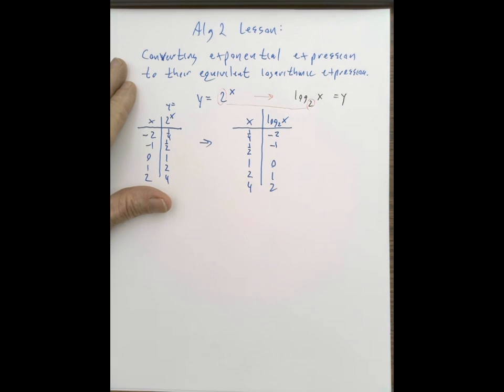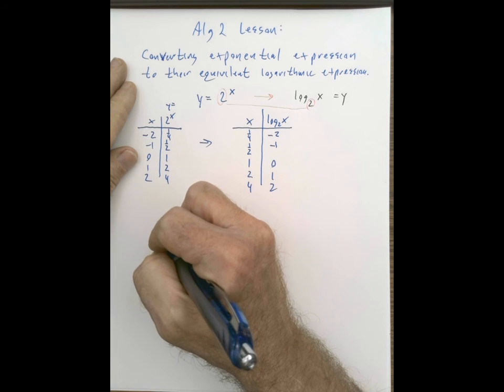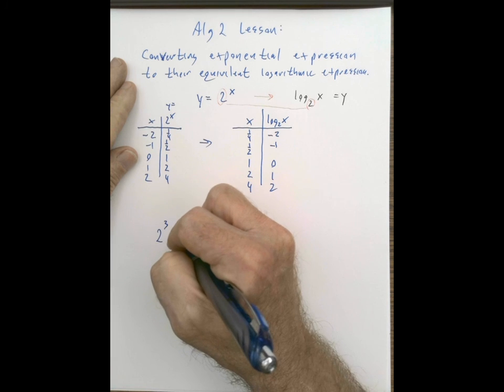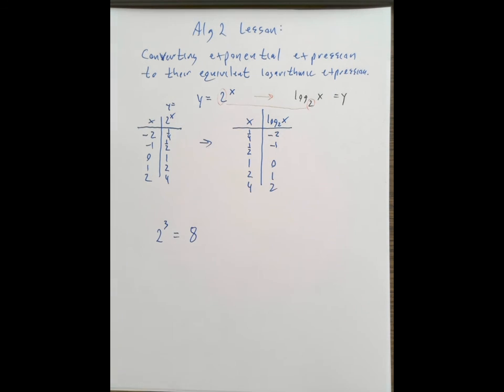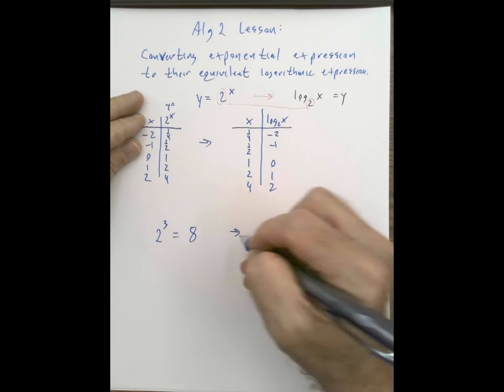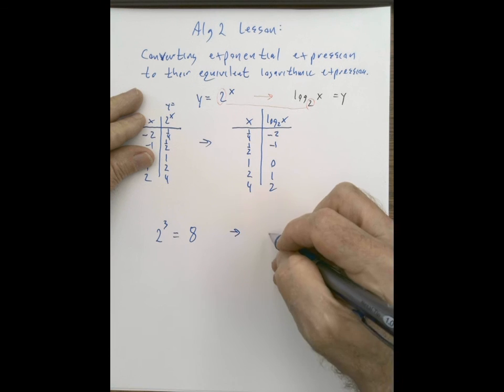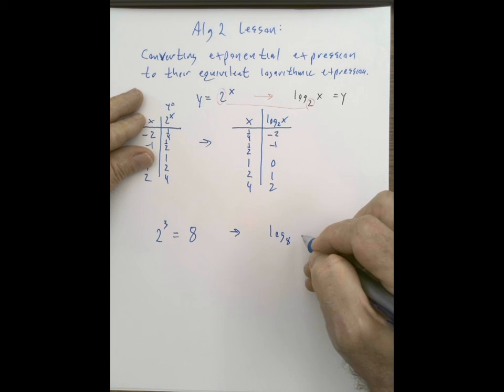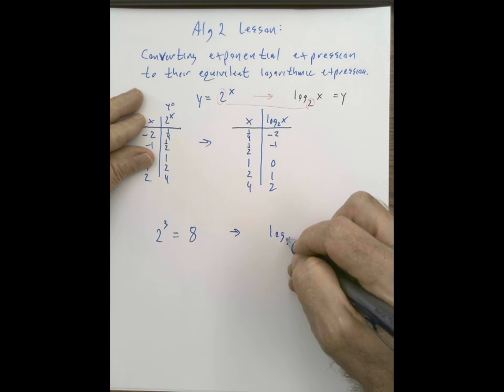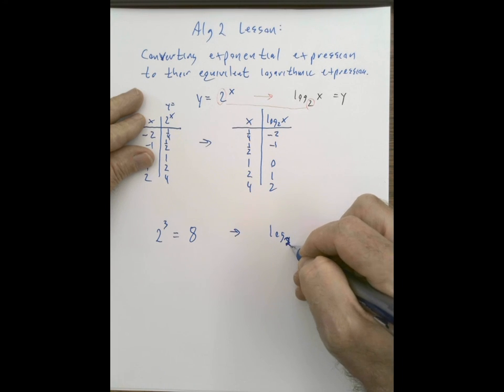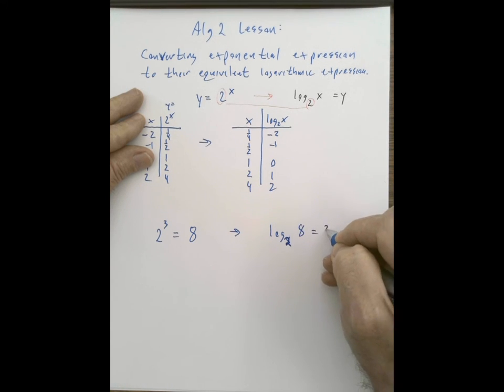So we're going to be converting from one kind of function to the other, and we'll start with numerical expressions first. Let's say we know that 2 to the third power is equal to 8. We know that's true. So the equivalent log expression is log base 2 of 8 is equal to 3.